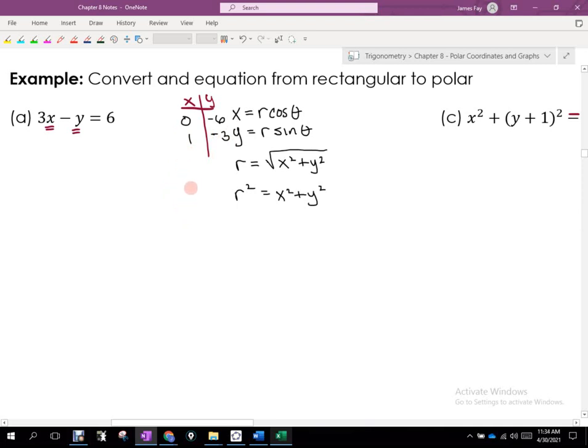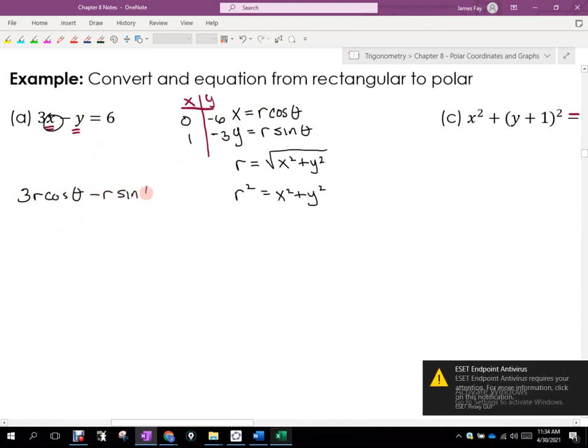Okay, if we convert it into polar, we would now be saying 3, but instead of x, we're going to replace it with r cosine theta, and instead of y, it's r sine theta, is equal to 6. Okay.